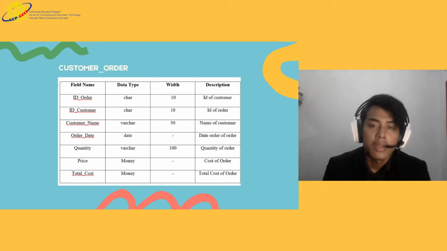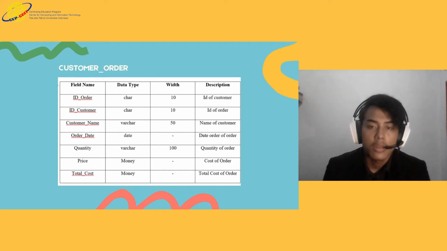Both are in char type with a maximum width of 10, and then we have customer name, the same as the last table, and then order date in the date type, which is the date of the order. Then we have quantity here.